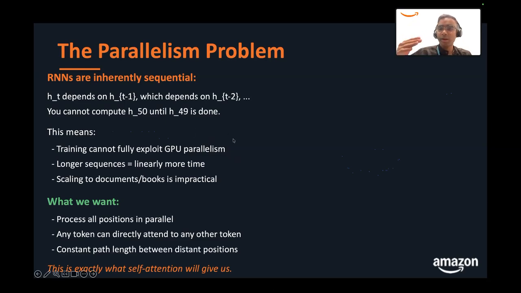We cannot parallelize the different operations at different time steps. So it's a bit inefficient too. So what we want is to get direct relations between different tokens and get rid of these sequential dependencies, so that we can parallelize things.